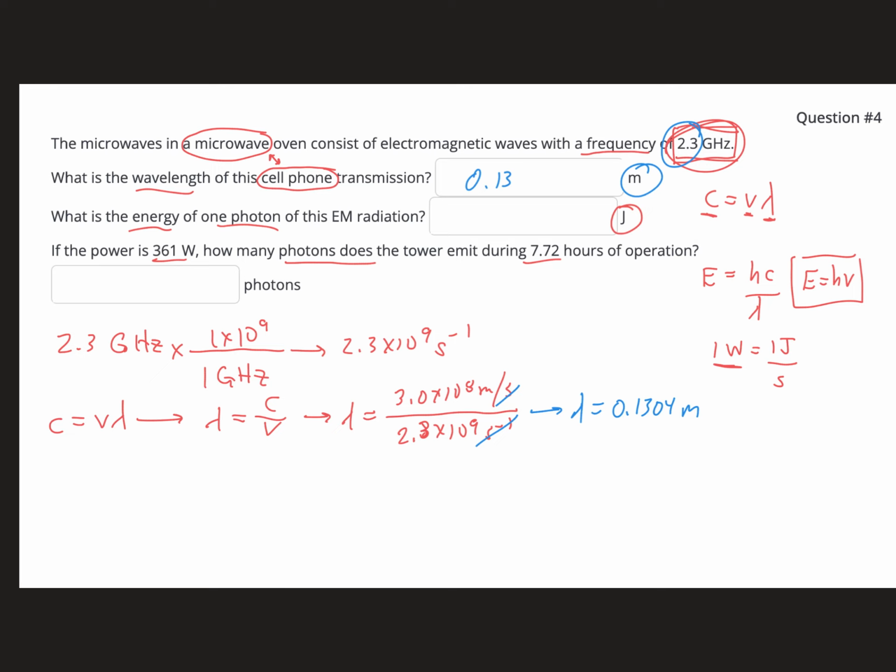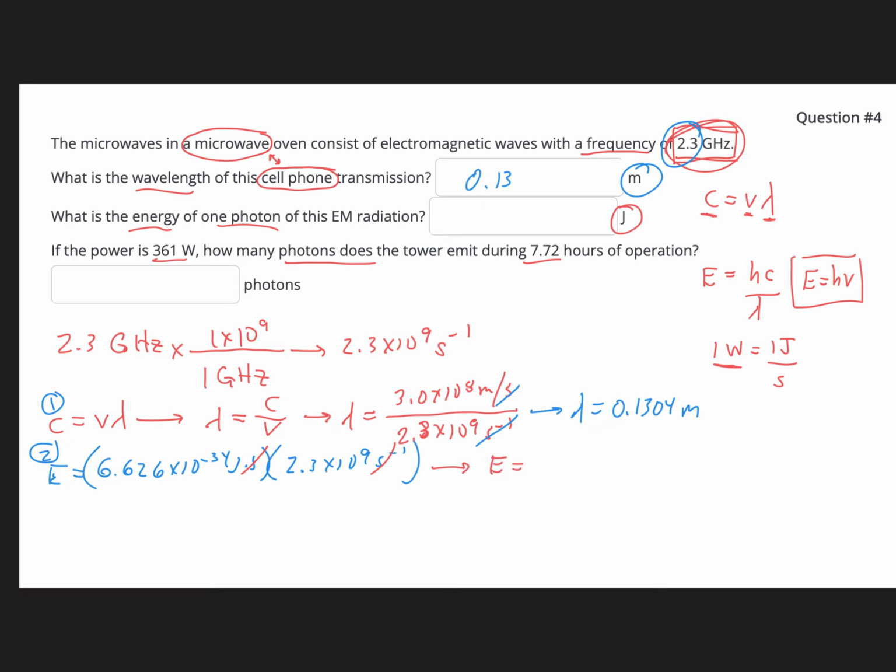Next, we can find the energy per photon. We know the frequency, so energy equals Planck's constant, 6.626 times 10 to the minus 34 joule seconds, times my frequency, 2.3 times 10 to the 9 inverse seconds. When we multiply, seconds cancel out, and we're left with joules, which is good because energy should be in joules.